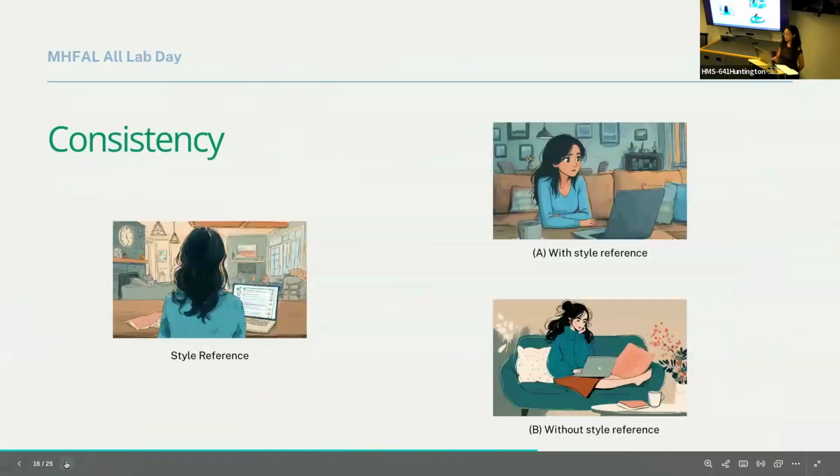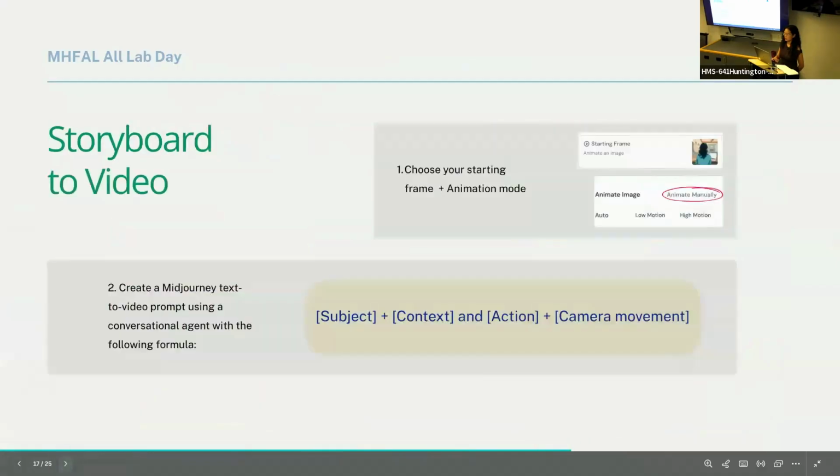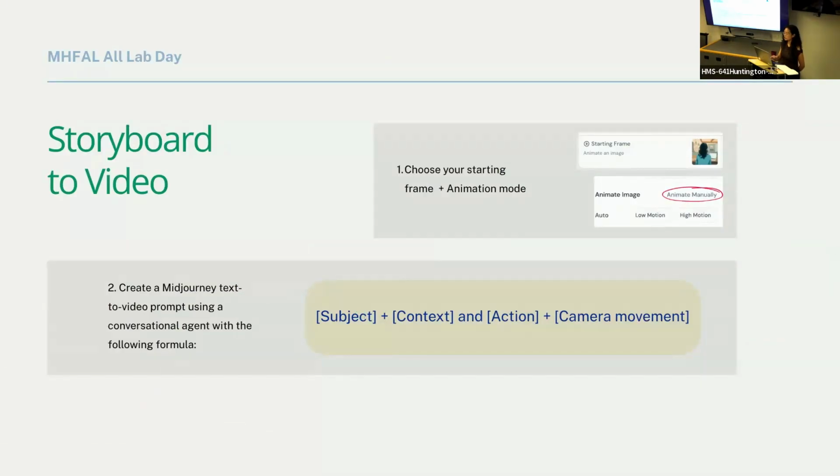Storyboarding, consistency. Okay. So storyboard to video. You have your base images per scene. You would then go into your video generator, upload that starting frame. So you see that tiny little frame, and then you would animate manually, and it's pretty similar across different video generators.